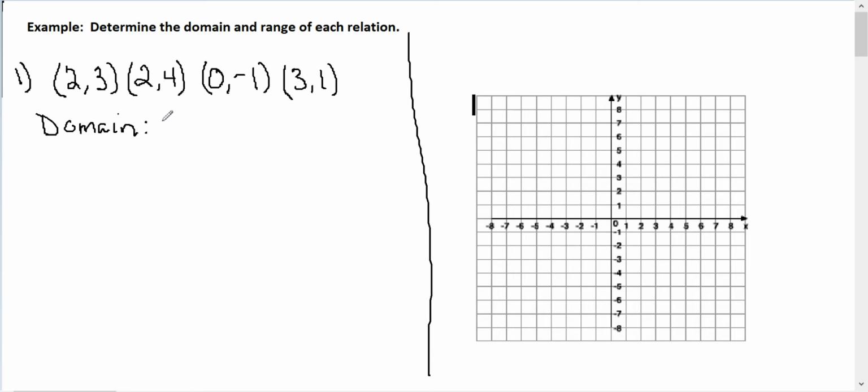So the domain will make that association for all the x values. And then the range encompasses all the y values.